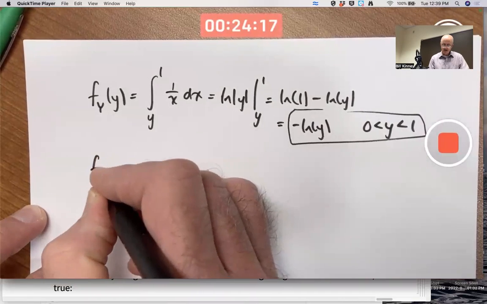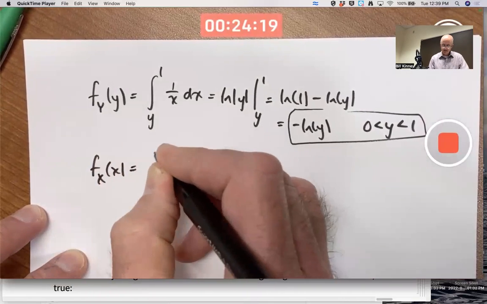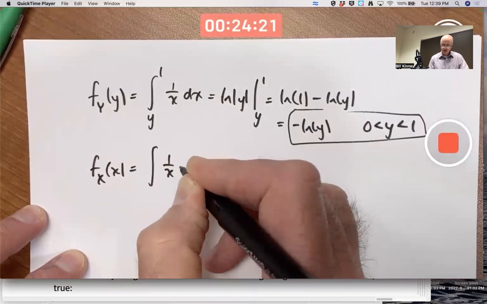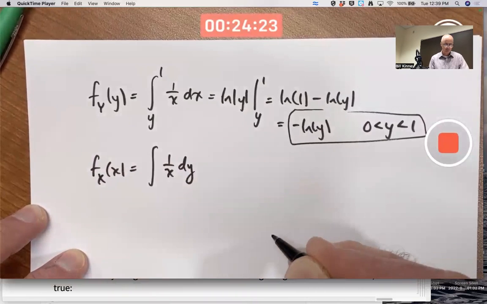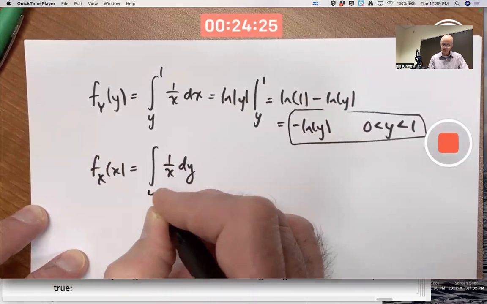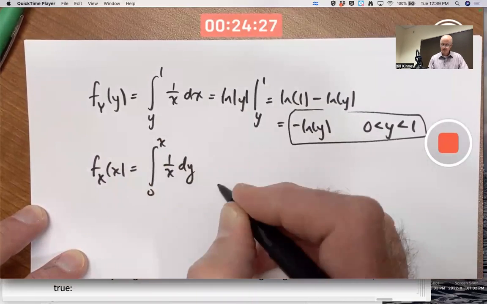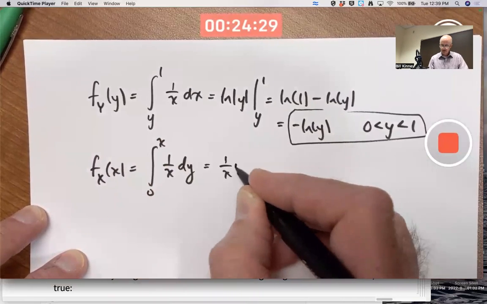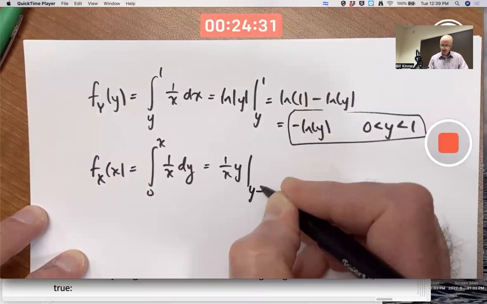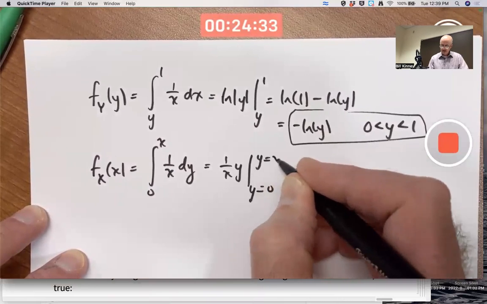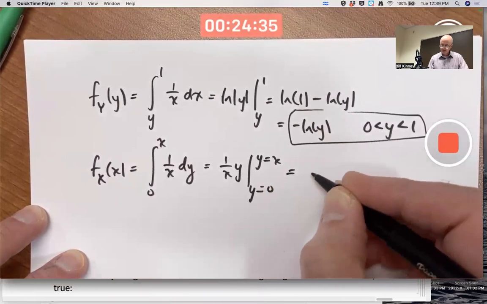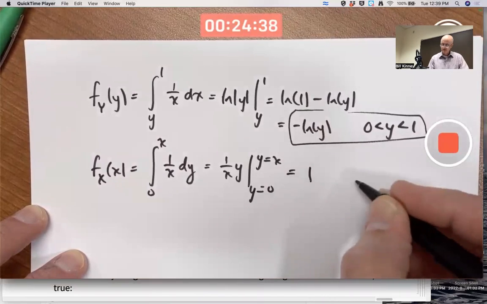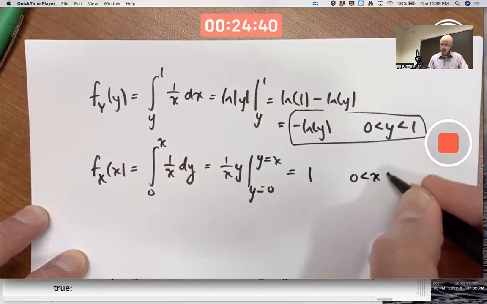Marginal PDF of x. Integrate the joint PDF with respect to y. And just like before, y goes from 0 to x. And just like before, this simplifies to just 1, for x between 0 and 1.